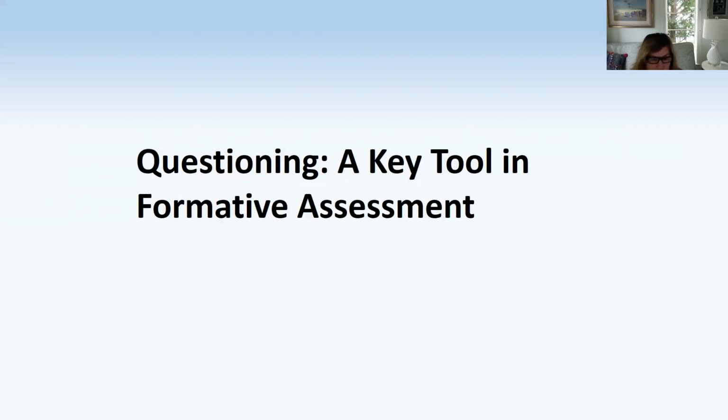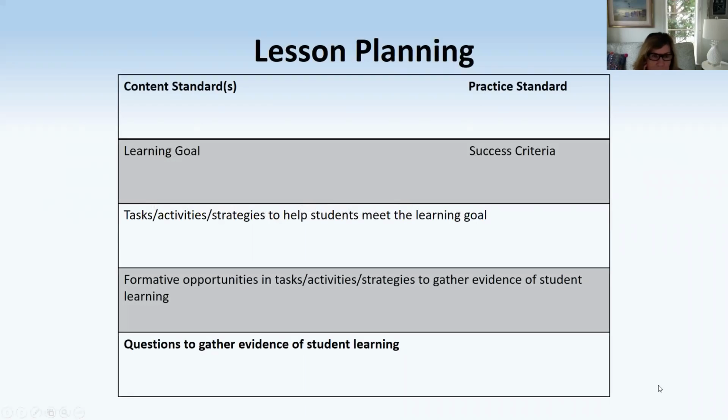And I want you to recall the lesson plan that we looked at in the face-to-face session. Our math content expert, Dave Chun, has added practice standards to reinforce the importance of thinking about the relationship between the content standards and the practice standards in mathematics.